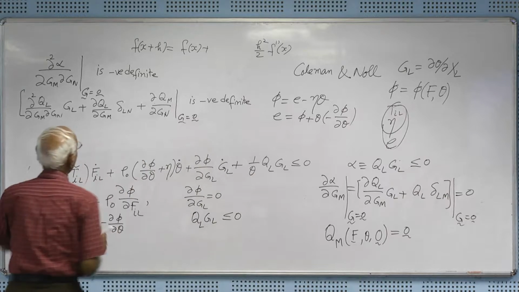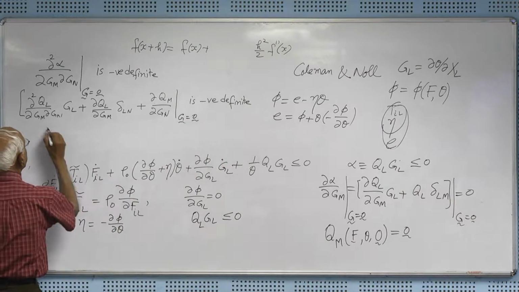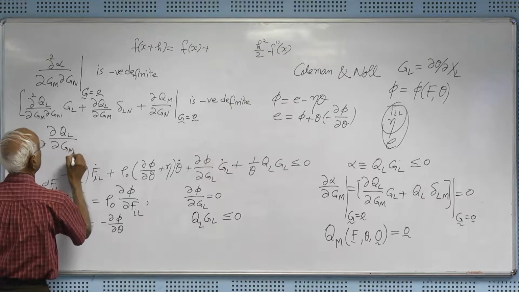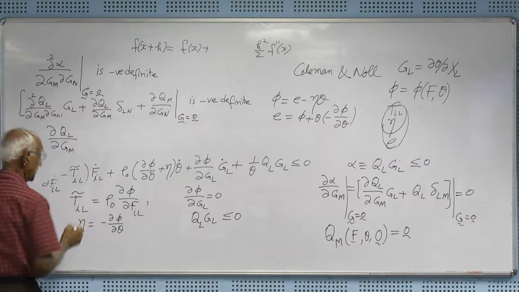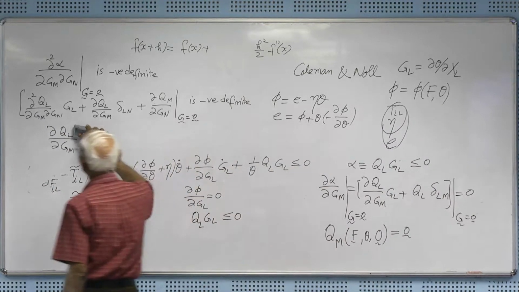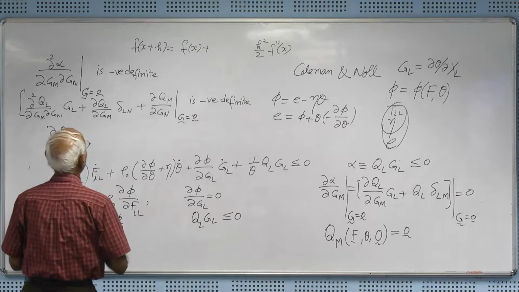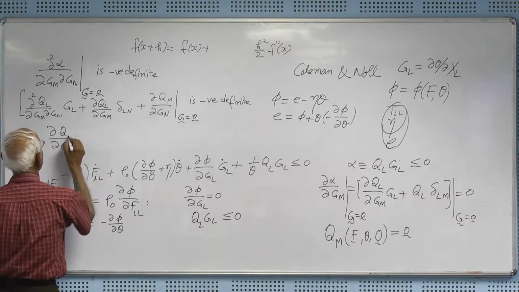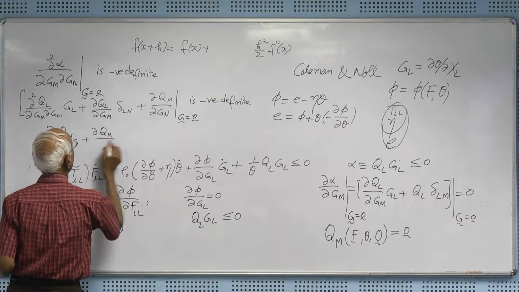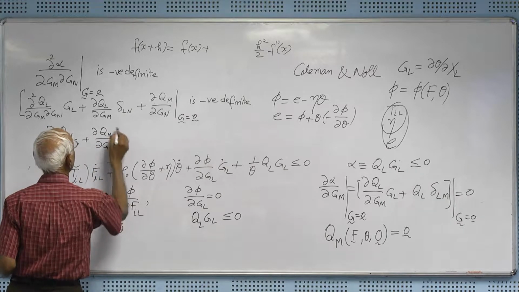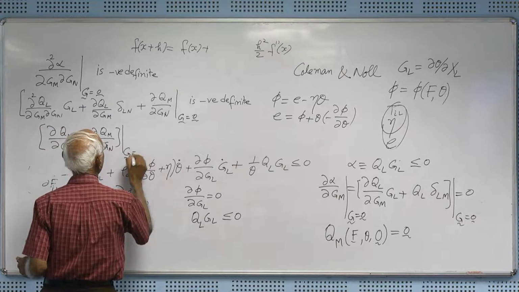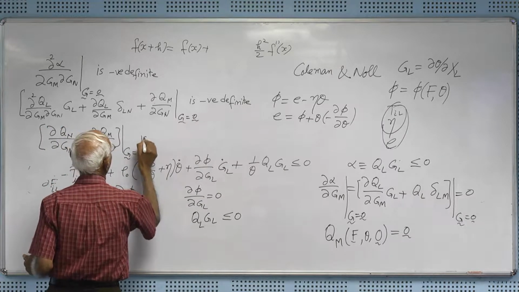So this one is delta QL over delta GM, but L and L repeat, so it really becomes N, plus delta QM over delta GN at G equal to 0 is negative definite.